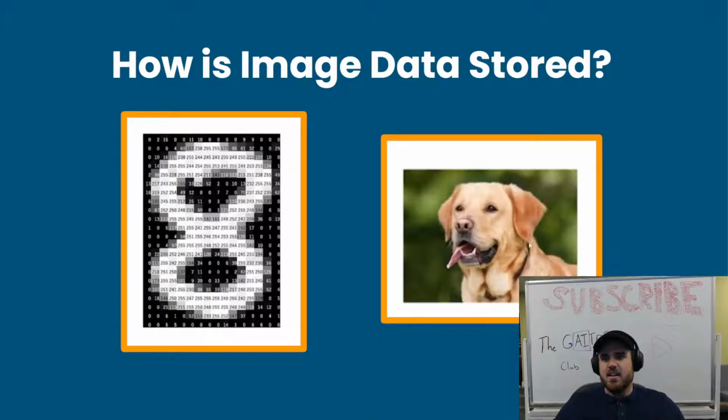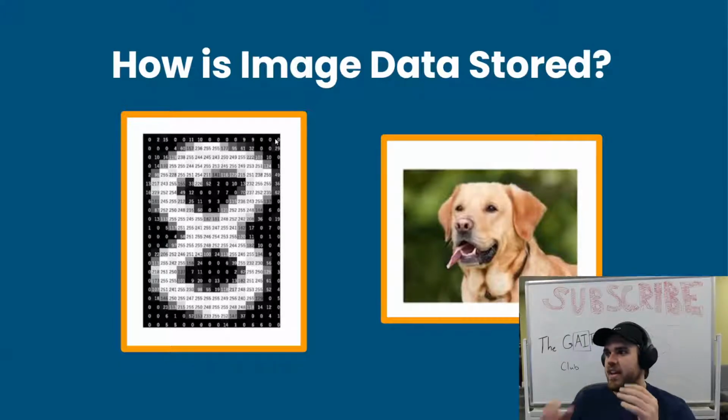But to talk about convolutions, we have to talk about how image data is actually stored. So I showed this picture before. Essentially, an image is just a bunch of numbers.